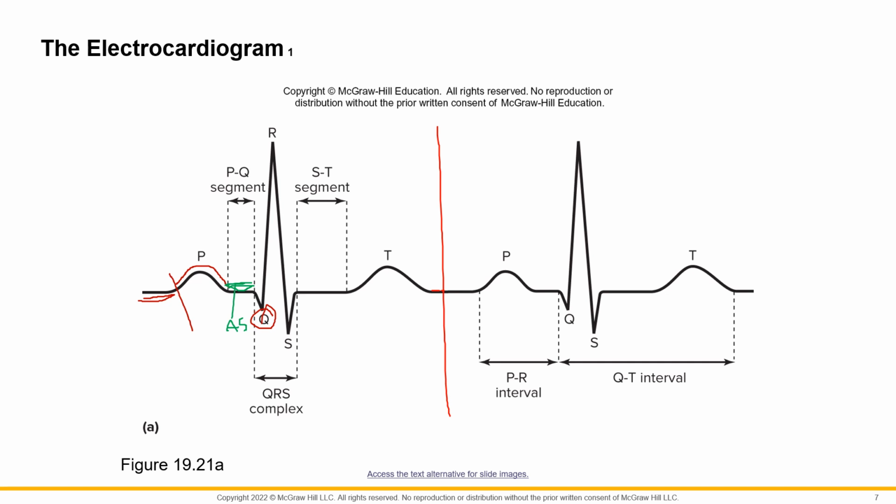So your QRS complex represents ventricular depolarization. So ventricular depolarization is when the ventricles are getting ready to contract. Following that is another plateau, which is your ST segment.